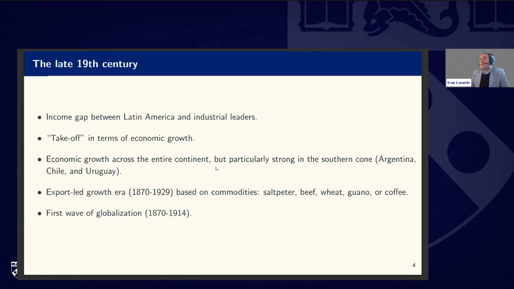Another important characteristic we need to bear in mind to understand this period is that the exporting sector was important. This is why we call this export-led growth. A substantial share, most of the exports during this period, are essentially commodities.